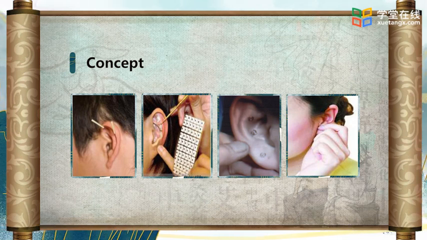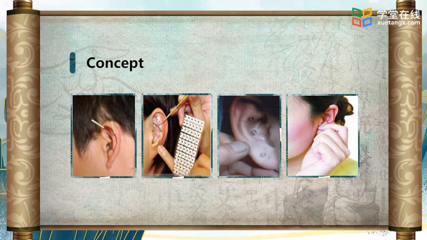Sometimes we can use fingers to press the auricular points to prevent disease. Then, before using ear acupuncture to treat disease, we should know the specific position and application of auricular points.